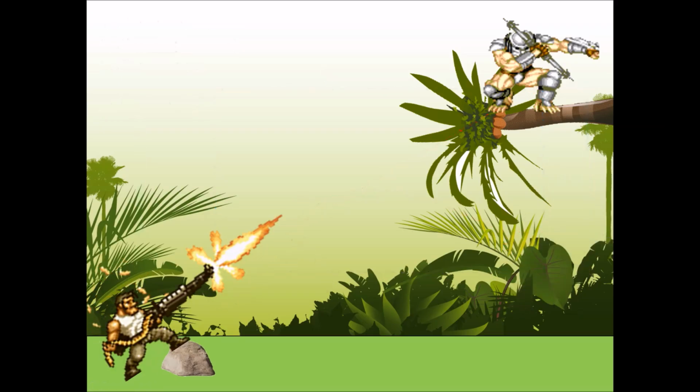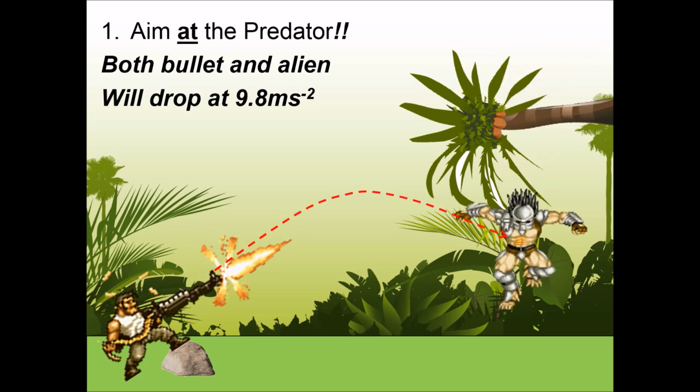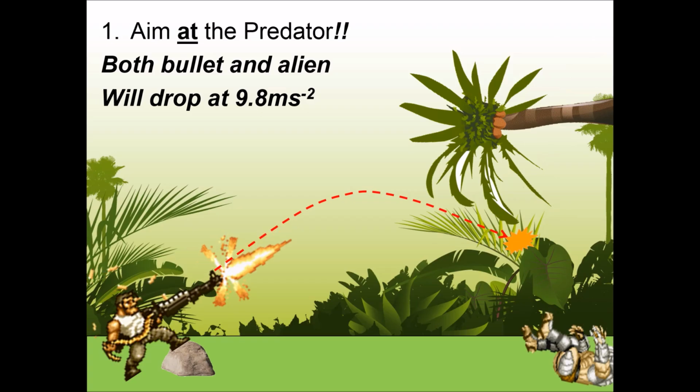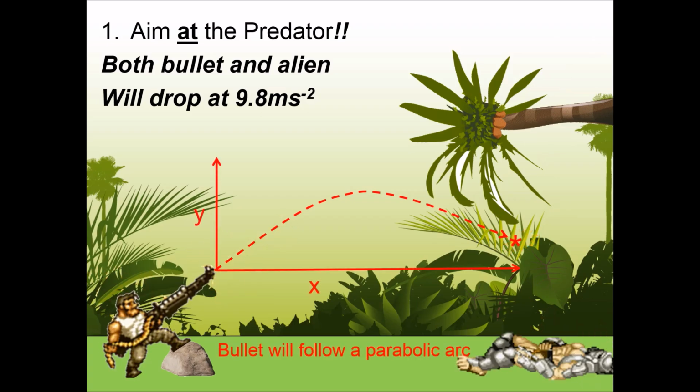So if your decision is made, whichever of the three, the answer will be aim at the predator. If the bullet leaves the muzzle of the gun at the exact moment that the predator drops from the tree, the bullet will drop at 9.8 meters per second squared, and the predator will drop at 9.8 meters per second squared.